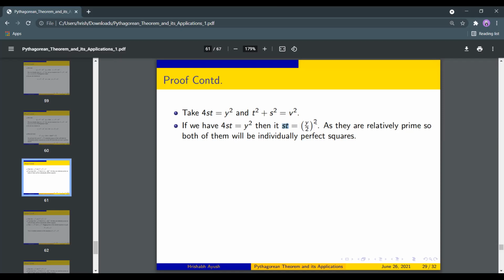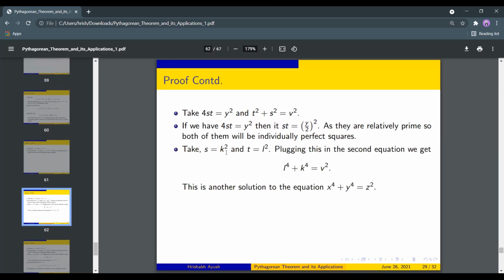As they are relatively prime, both of them will need to be individually perfect squares, that is s and t. So we can take s equals k square and t equals a square. Don't worry if you see many variables here.